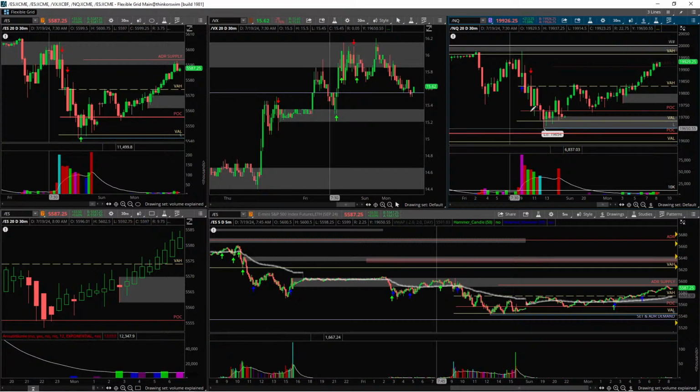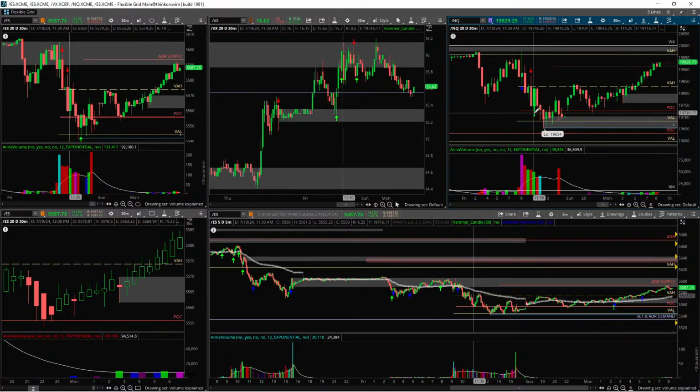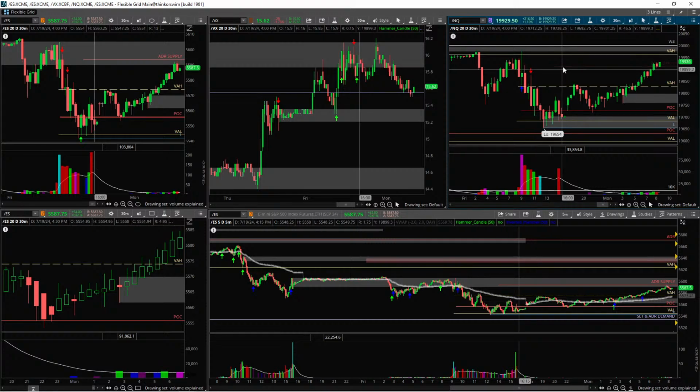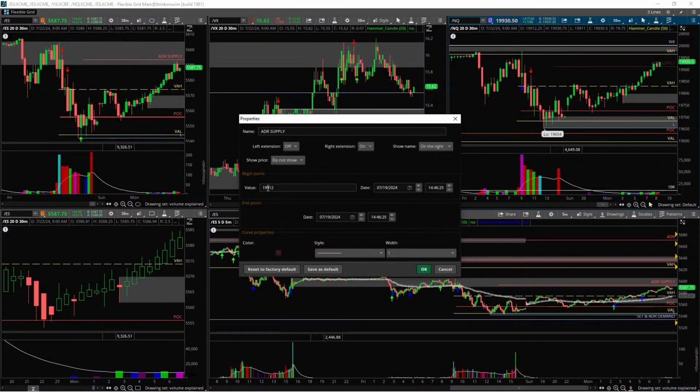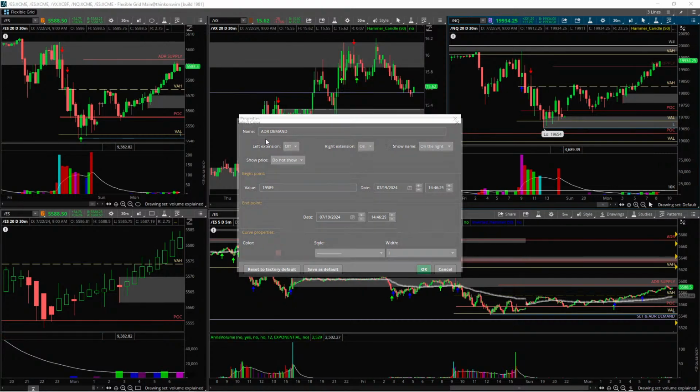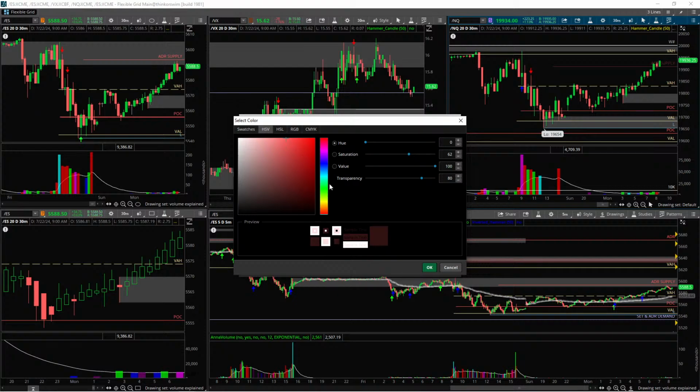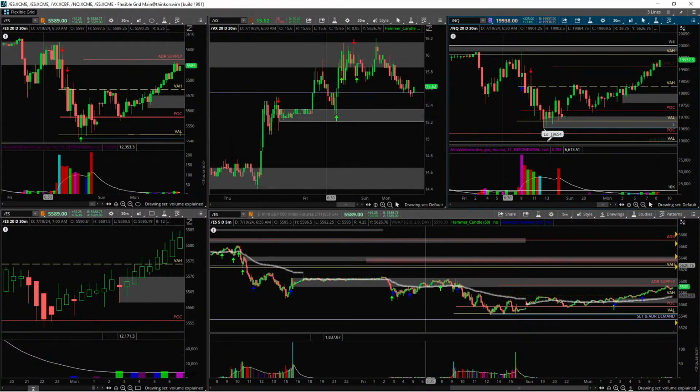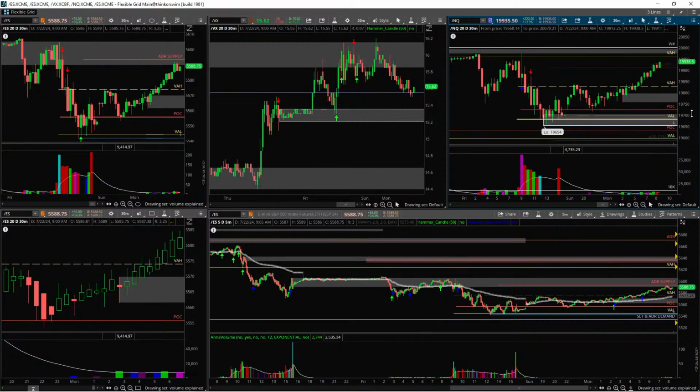Interesting level. Just take this one. 19589. Demand. Green. Alright, so basically at a previous value area low.